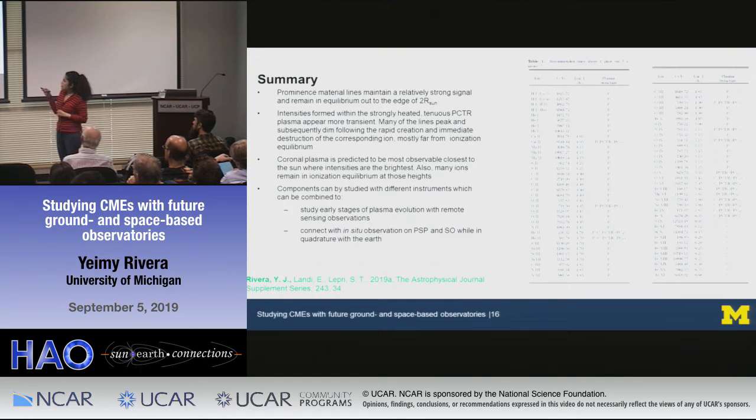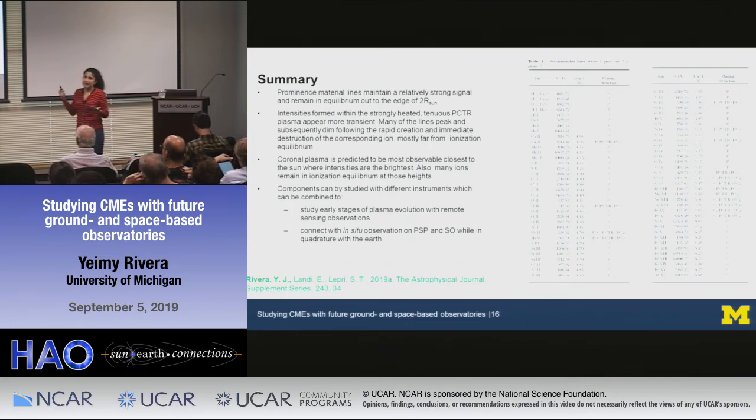The intensities that are formed in the strongly heated tenuous PCTR plasma are a lot more transient, where there's only a limited time during the evolution of the plasma where these lines become bright, and so many of the lines peak and dim following the rapid creation and immediate destruction of the ion.